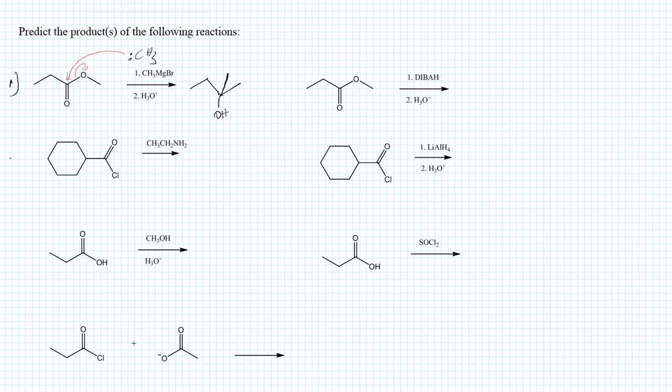The second question, let's label as second here. We have here an acyl chloride, and here we have a nucleophile which is a primary amine, and we can think that the primary amine is going to act as a nucleophile, and we are going to substitute the leaving group, which is chlorine, with the amine, and we will end up with an amide.